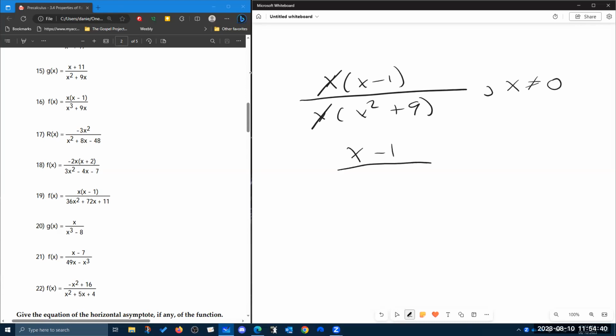My new rational function looks like this, and I'm only worried about zeros from the denominator now that we're not canceling zeros of the numerator, and there are none, so there are no vertical asymptotes. Moving forward, I'm probably going to be factoring numerator and denominator like that for every problem, just to make sure that nothing is going to cancel. So that was number 16.